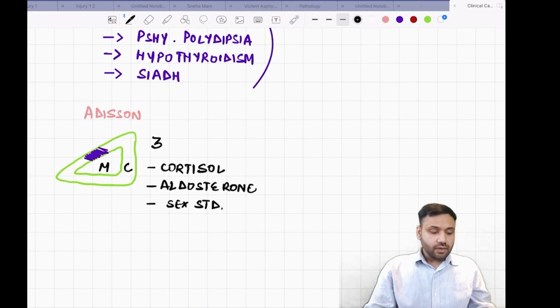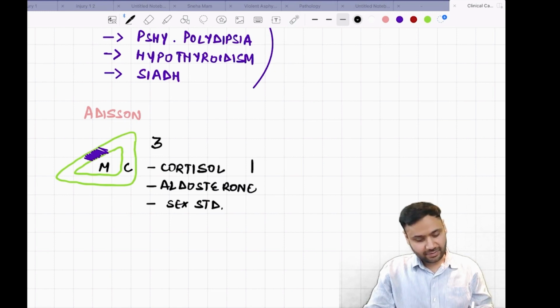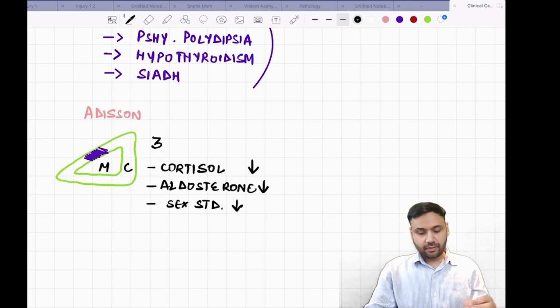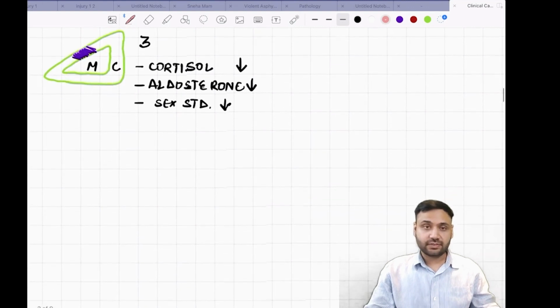Now, if Addison's disease involves the cortex of the adrenal gland, the synthesis of all of these 3 hormones will decrease. Let's discuss what happens when cortisol decreases.